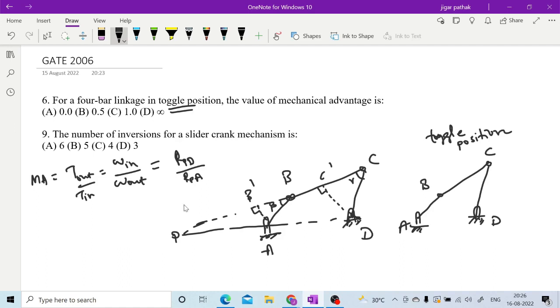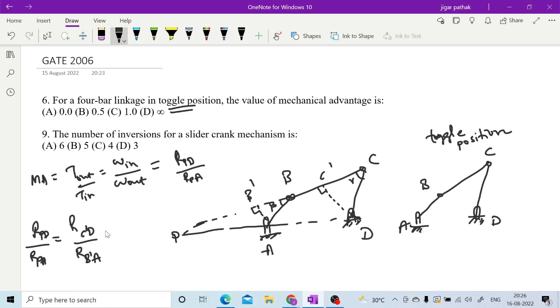Now rpd upon rpa can be calculated from similar triangle, like r c dash d upon r b dash a, right? So why? Because P B dash A and P C dash D are similar triangles, right?